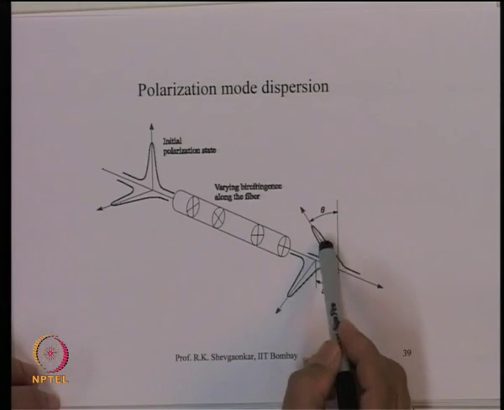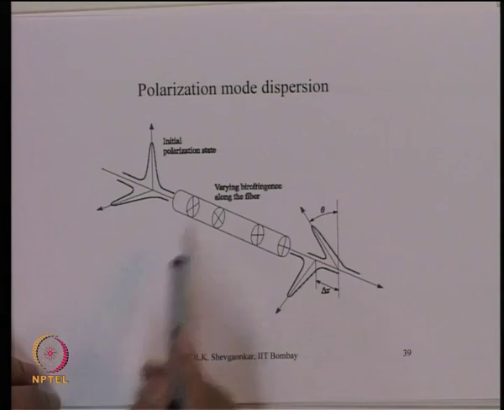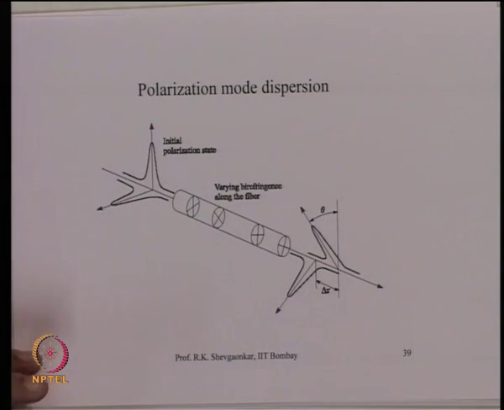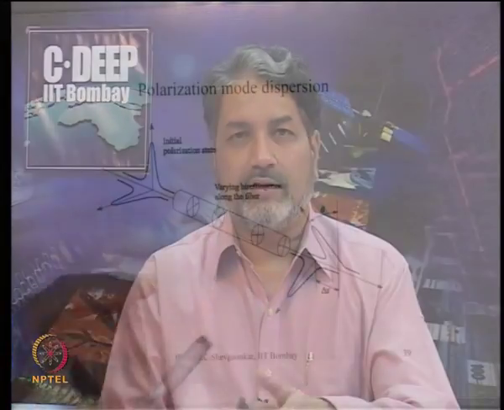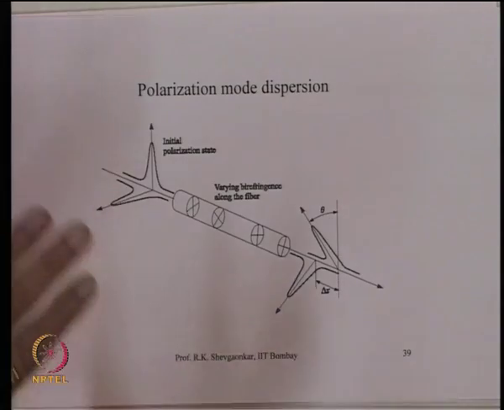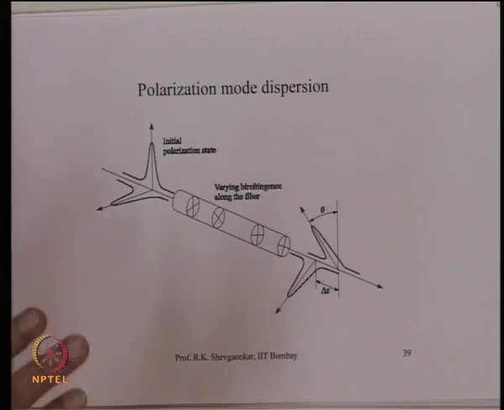So, there will be a difference in this, and again this phenomenon is a statistical phenomenon. So, you will not get a systematic result where this pulse is moving forward or this is going ahead. There will be some kind of a jitter developed because of this, and you will have an effective broadening of the pulse because of this phenomenon.